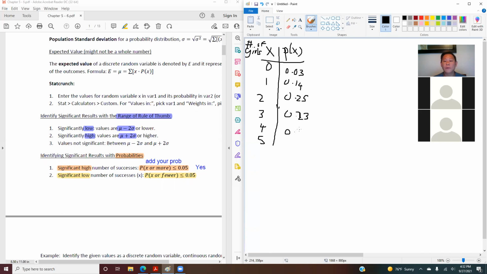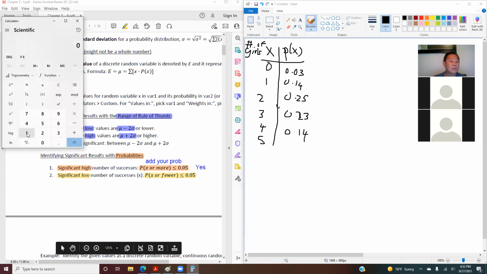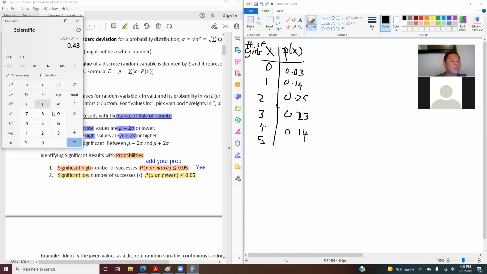As you know, the total has to be 1, so let's figure out what the last one is. 0.03 plus 0.14 plus 0.25 plus 0.23 plus 0.14, subtracted from 1, is 0.21.